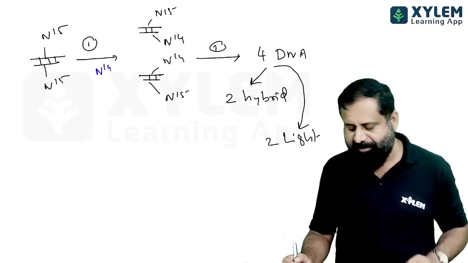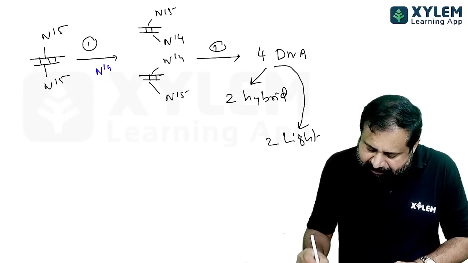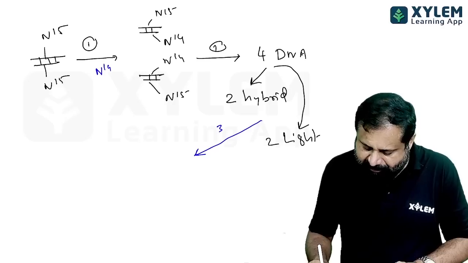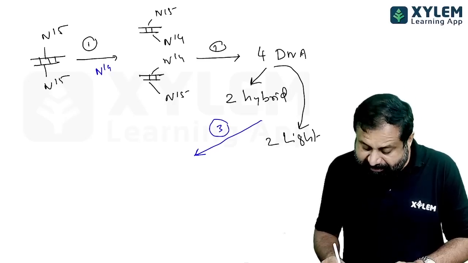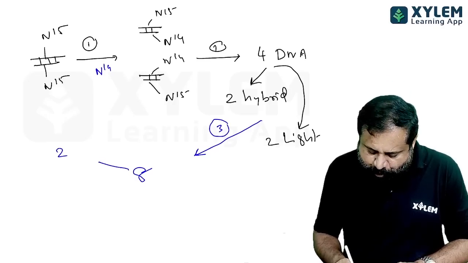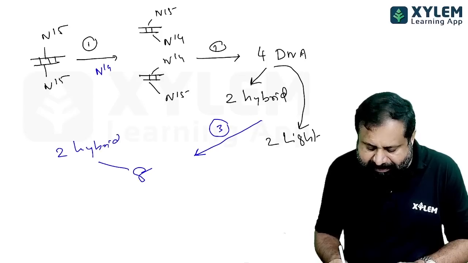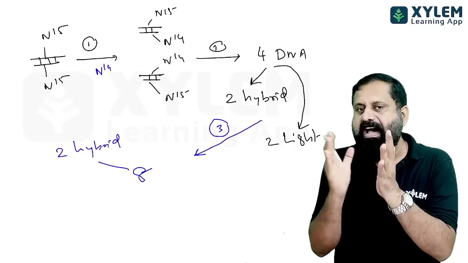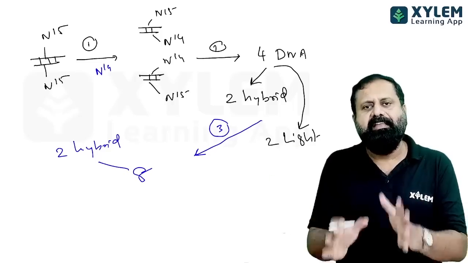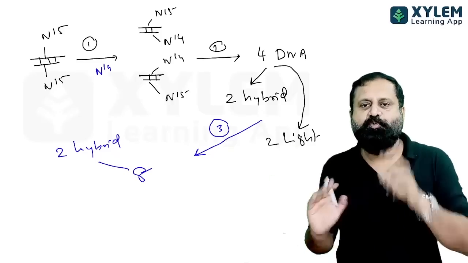Only N14 and N15. If you conduct one more replication, a third replication, you will get 8 DNA. Out of these 8, 2 are hybrid. Just think, always the number of hybrid after any generation, or many generations, should be 2.